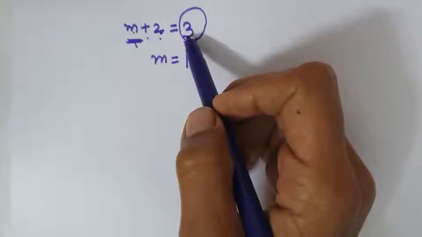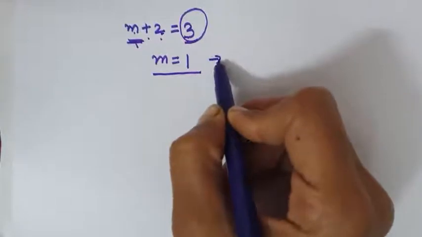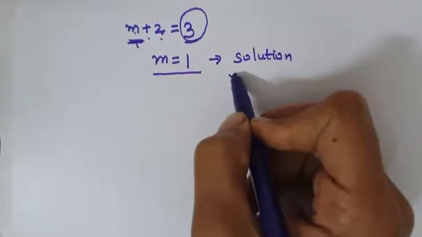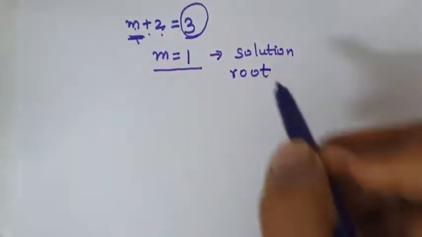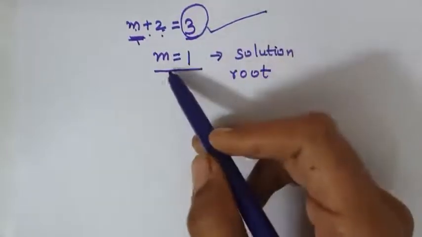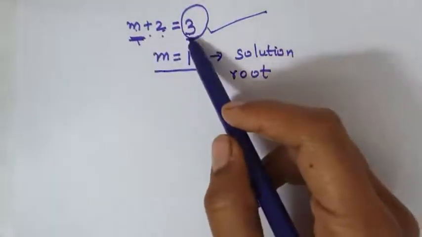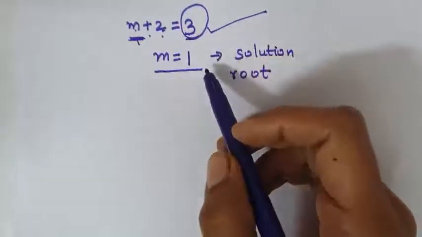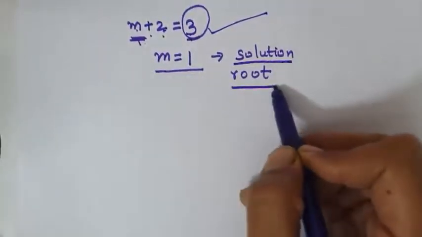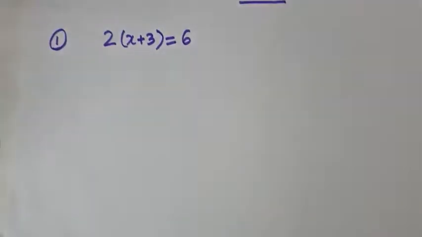So students, we can say that m equals to 1 is the solution, or the root, of this given equation. Whatever value of m satisfies this equation, that value is called the solution or the root of the given equation.